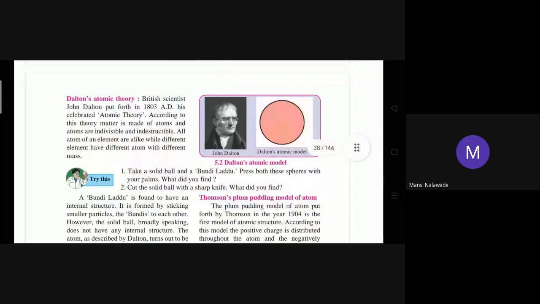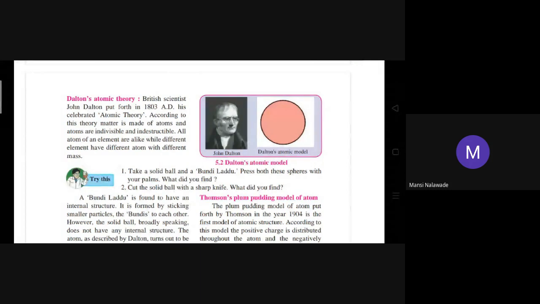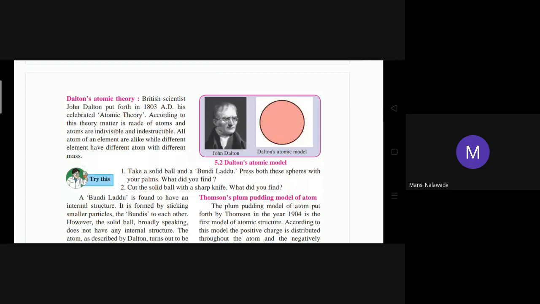So, can you explain what is Dalton's atomic theory? Yes, anyone? Miss Mansi? We are just revising because too much gap is there. Yes, Mansi, you can answer now.